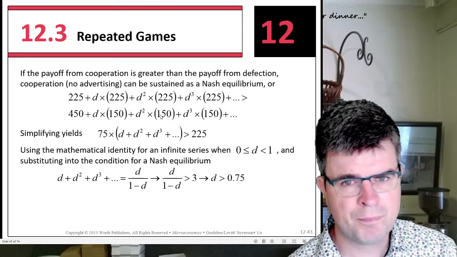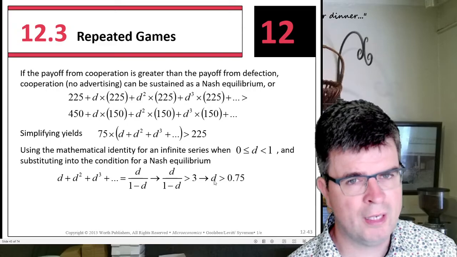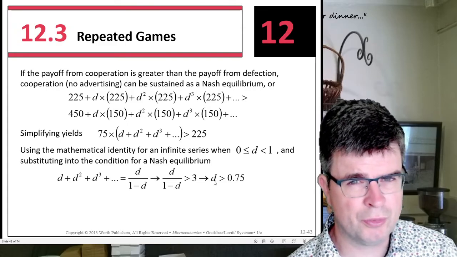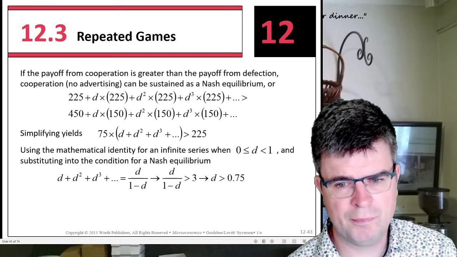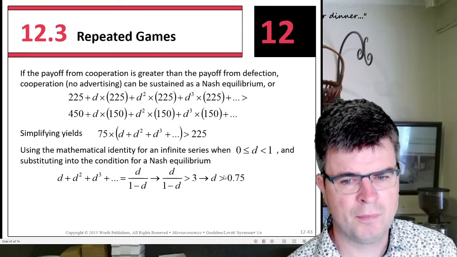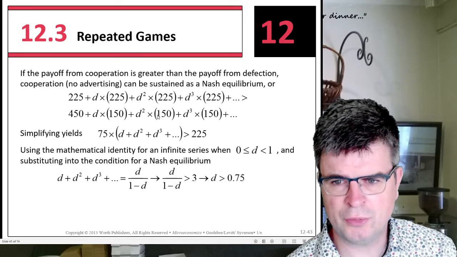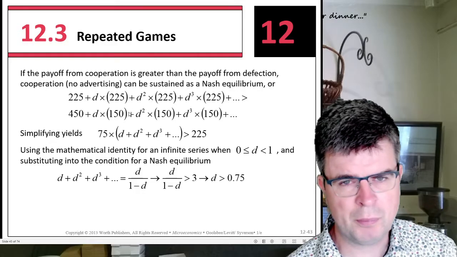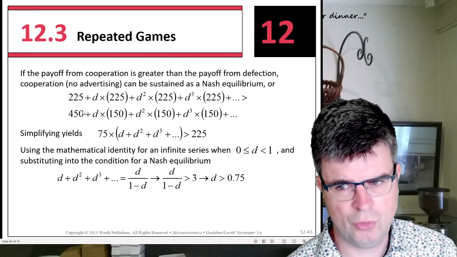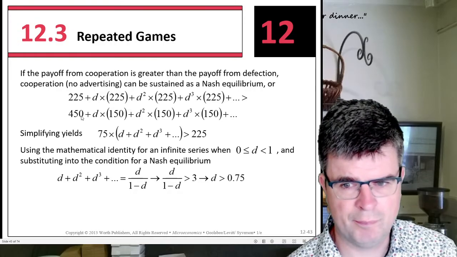And you can get the intuition for that. As long as Warner Brothers finds the payoffs in future periods sufficiently important, which is what d larger than 0.75 means, as long as it values the 225s sufficiently, it will not be attractive for Warner Brothers to go for the one period defection and earn 450 today.